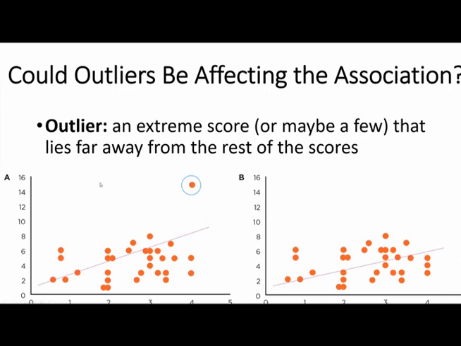But this is an extreme value on this axis, because the highest score before that was an 8, and now we have a 15. So that's only extreme on one axis, but imagine if this point was out here. What would it do then? If it's extreme on both of these axes, it can cause a lot of problems when you're calculating your R, and it can mess with your data pretty badly.